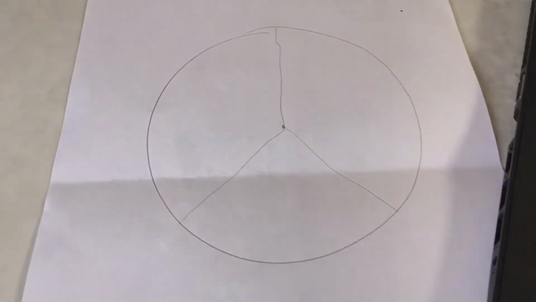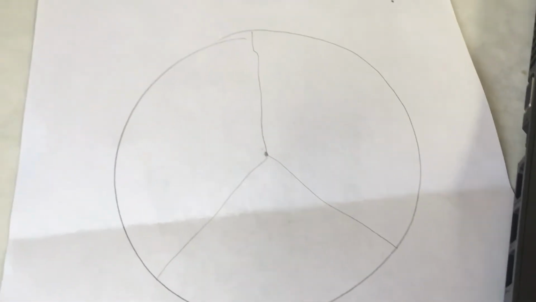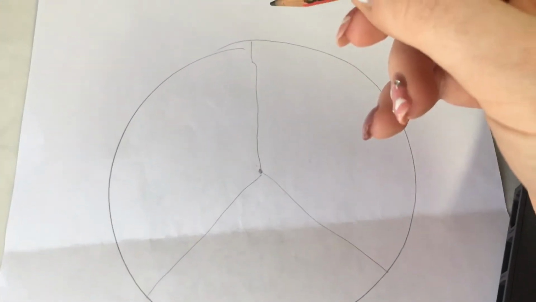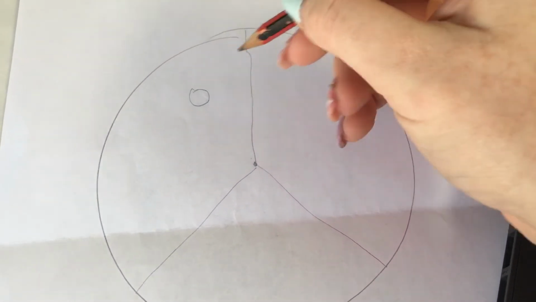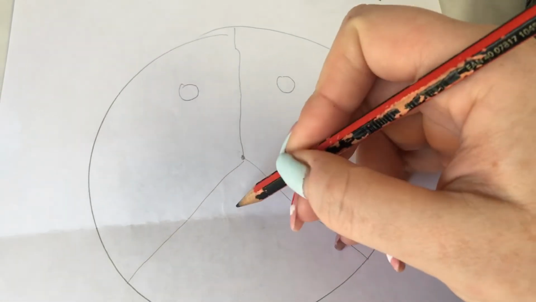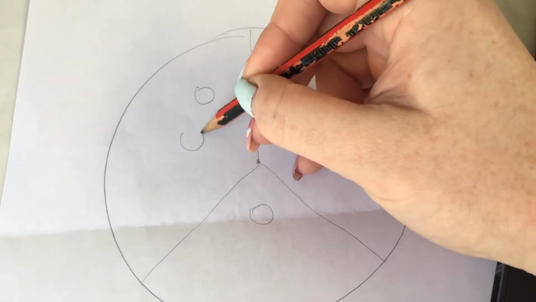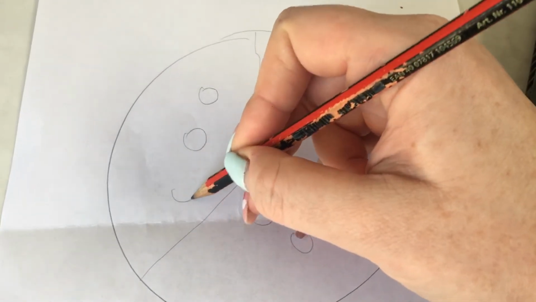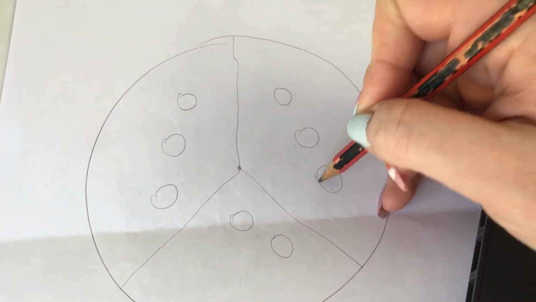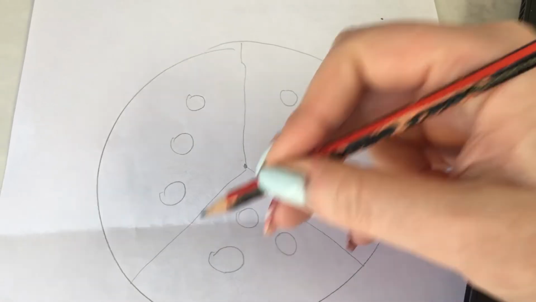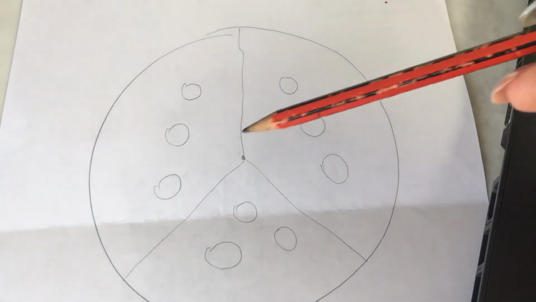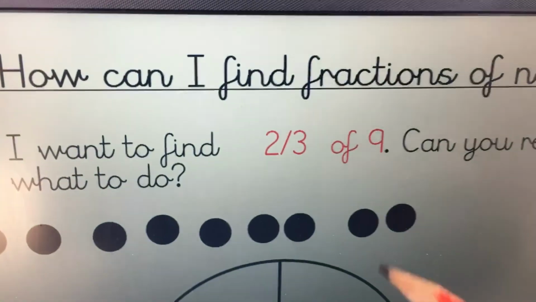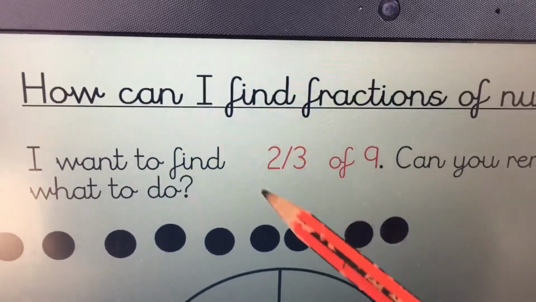Right then guys, so I'm going to share out the 9 dots and see if we've got the same answer. So let's get sharing. 1, 2, 3, 4, 5, 6, 7, 8, 9. Okay, so I have got 3 in each third, but remember the question was what's 2/3?